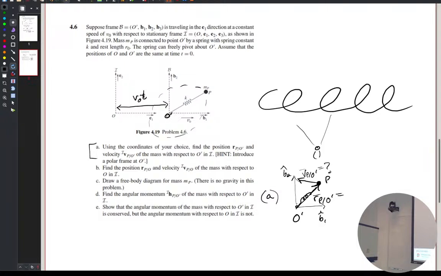Or not a circle, an ellipse there. Using polar coordinates? We can use polar coordinates, yeah. What does position look like for polar? Well, the angle changes. Use that angle.